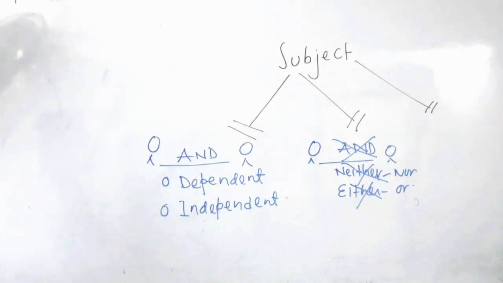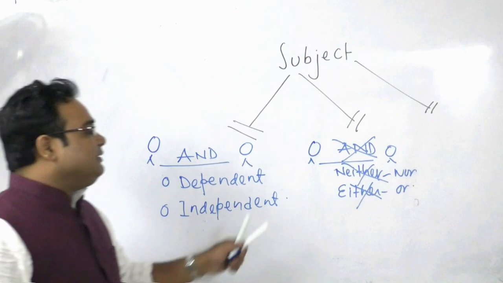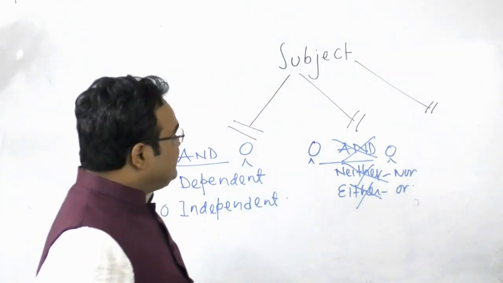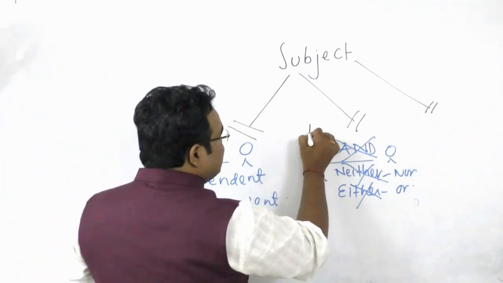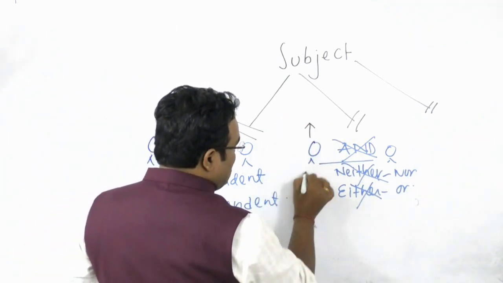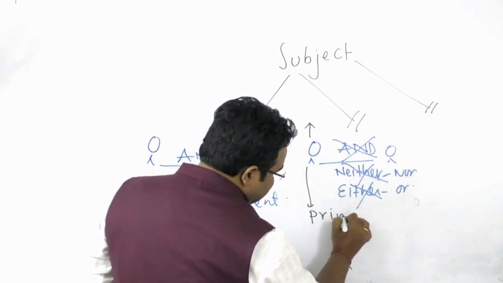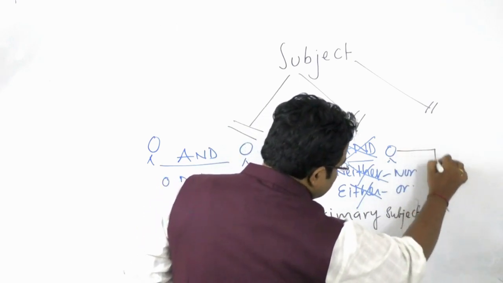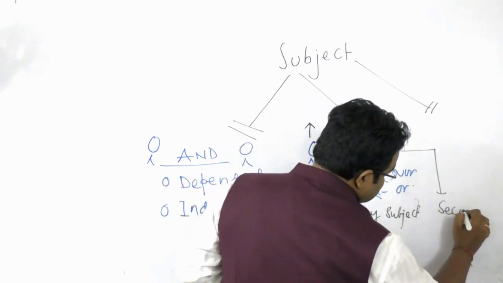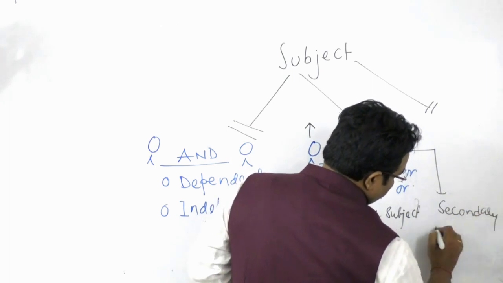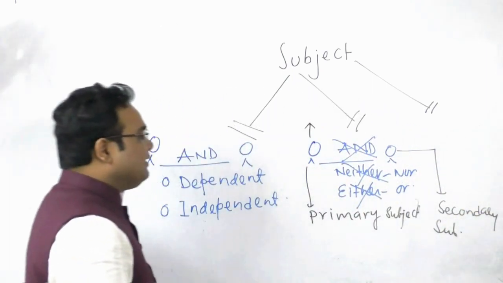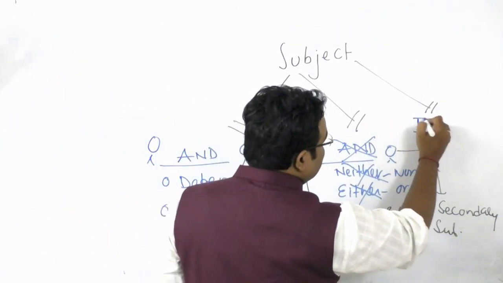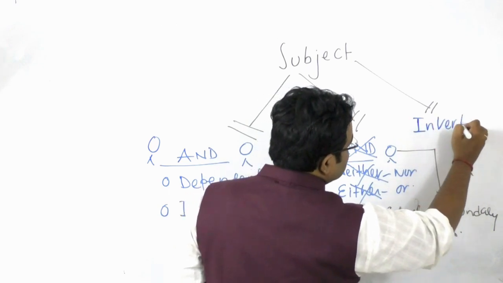Then in that case the first subject is called primary subject and the second subject is called secondary subject. Alright, and the third is called inverted subject, what is that?